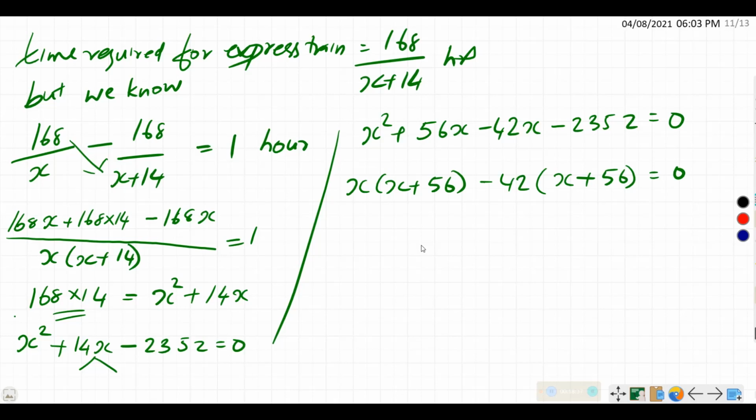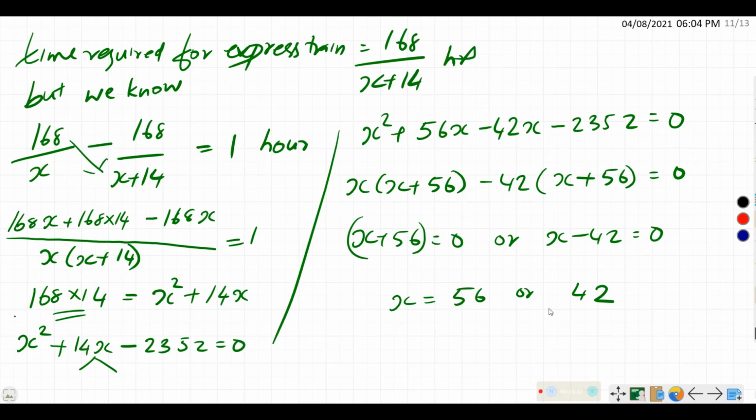That means it will be minus 56, which cannot be the speed of a train. You know that negative cannot be the speed. तो गाड़ी जाएगा ही नहीं. So x plus 56 is equal to 0, नहीं तो x minus 42 is equal to 0. That means minus 56 is one answer, another answer is plus 42.